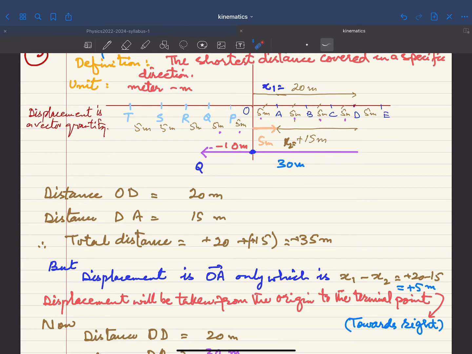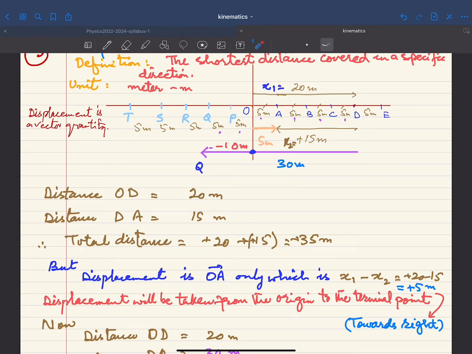is 20 meter. If you are going from O to D, you have taken 5, 5, 5, and the distance is 20 meter. But when you are coming from D to A and you are covering a distance of 15 meter, then as far as the total distance is concerned, you simply have to add these two values, 20 and 15, and you will get 35 meter.